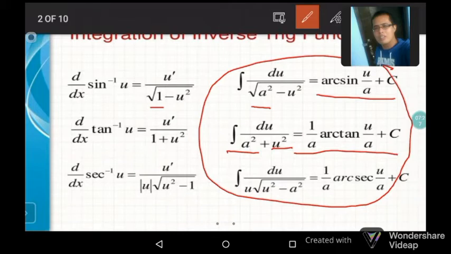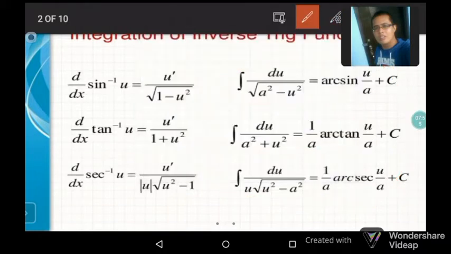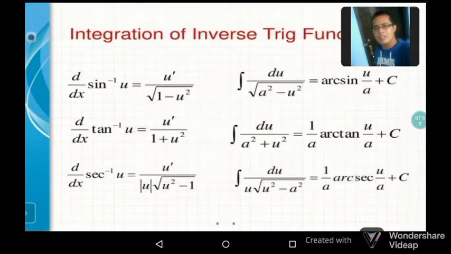Pero pinagkaiba lang ang u over a is an angle, no? Next, integral of du over u, square root of u squared minus a squared is 1 over a arcsecant u over a plus c. So, yun yung kanilang mga formula, no? Okay, so next. So, ang objective lang natin dito is we determine the integral of inverse trigonometric functions.